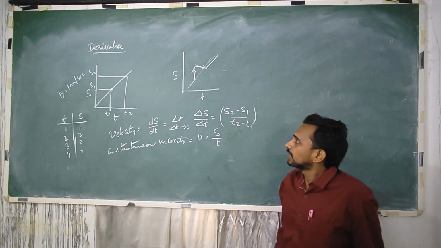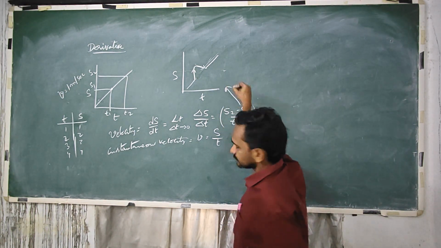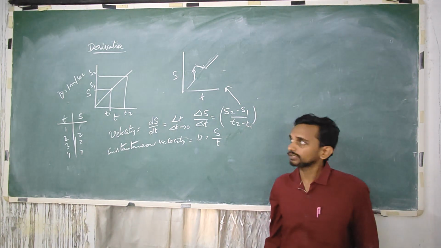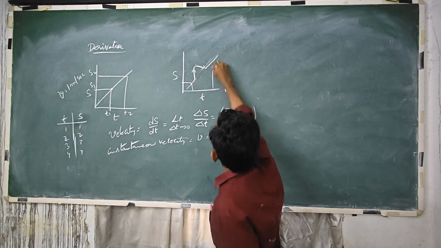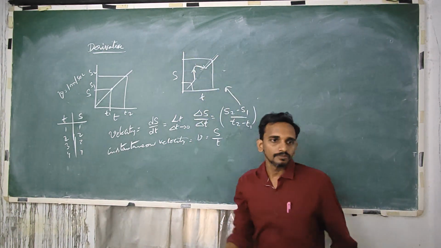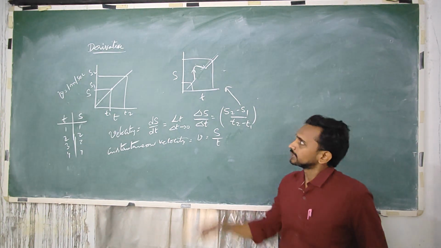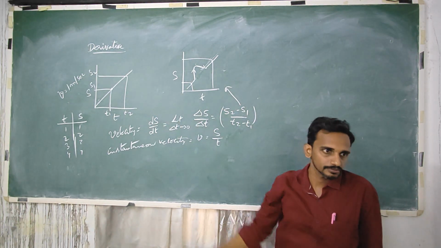So now, in this graph, if you use this formula, what do you get? The value of the velocity depends upon the points you choose. If you choose these same 2 points, you might get the same number as the first one.